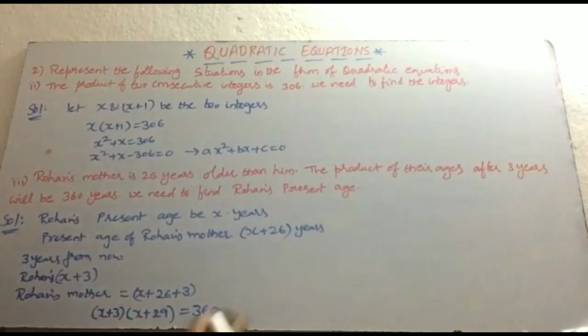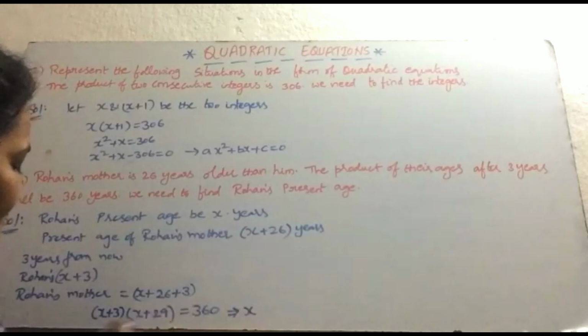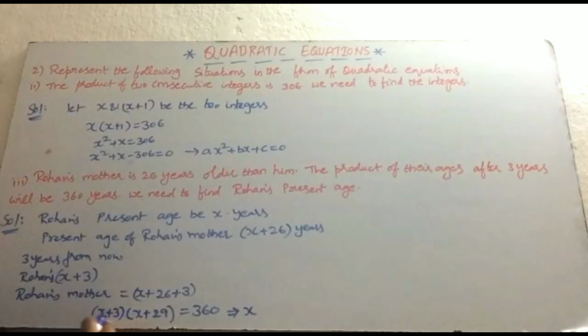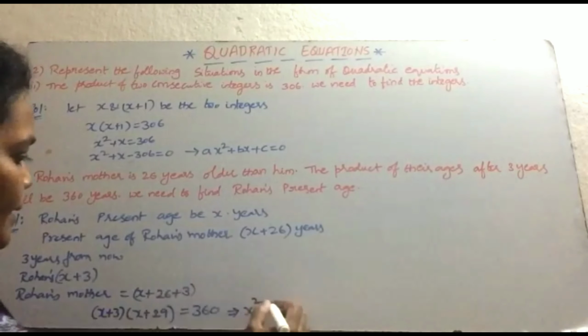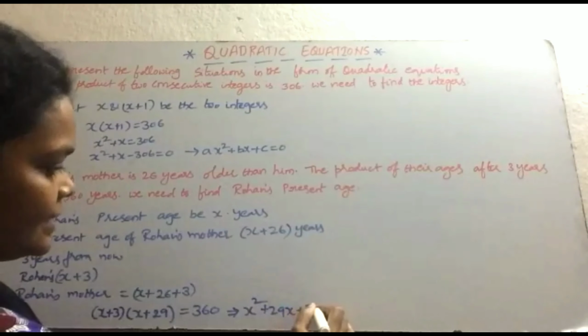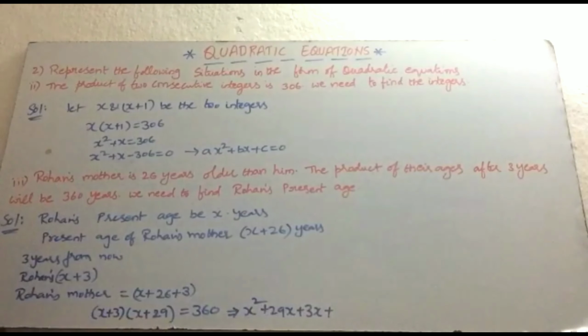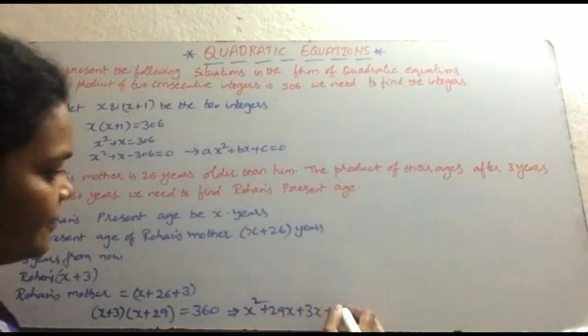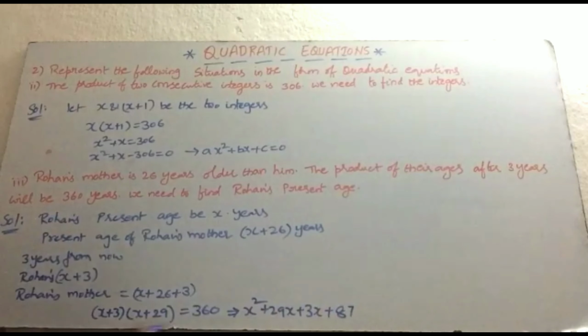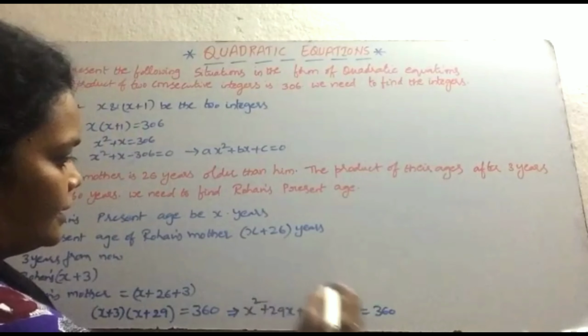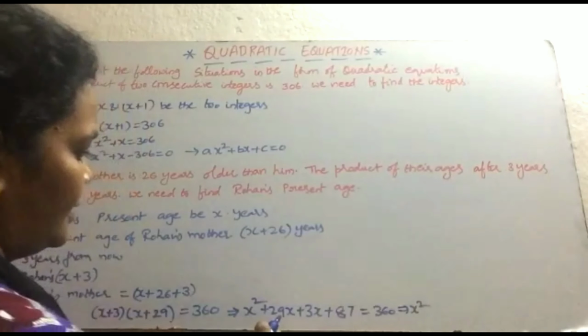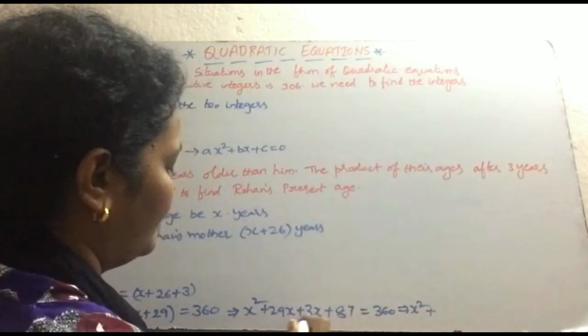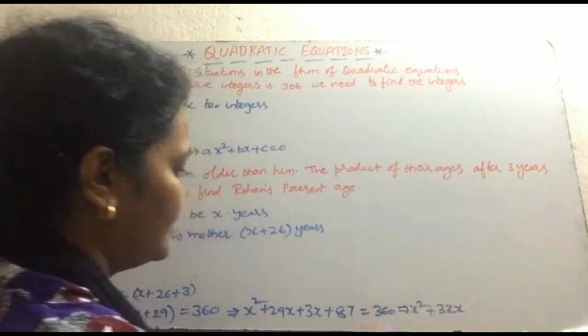Multiplying these two terms, we get x squared plus 29x plus 3x plus 29 times 3, which is 87, is equal to 360. That implies x squared plus 29x plus 3x, which is 32x.